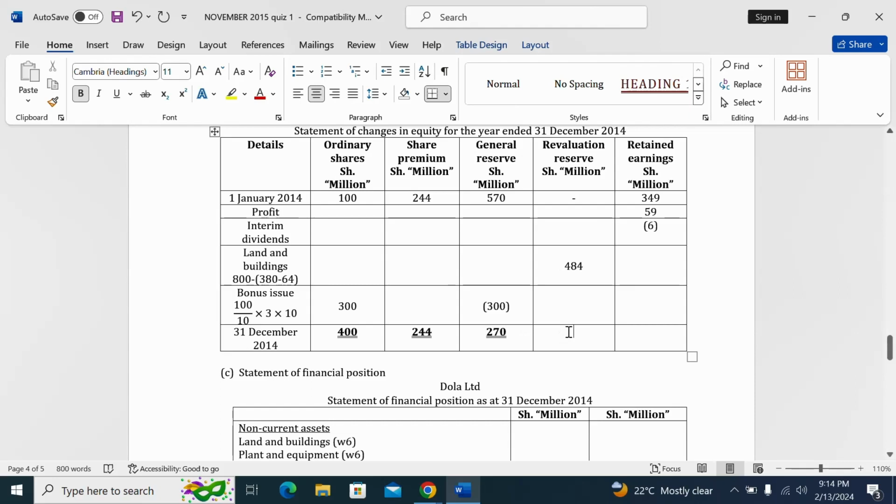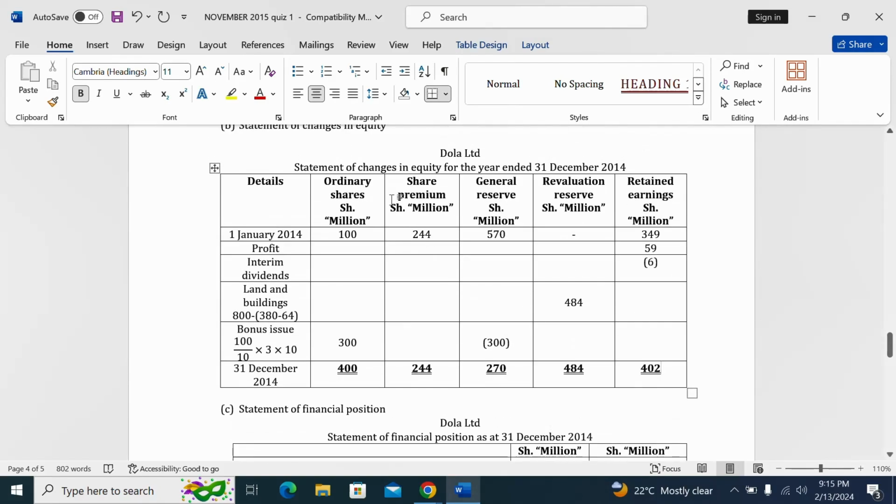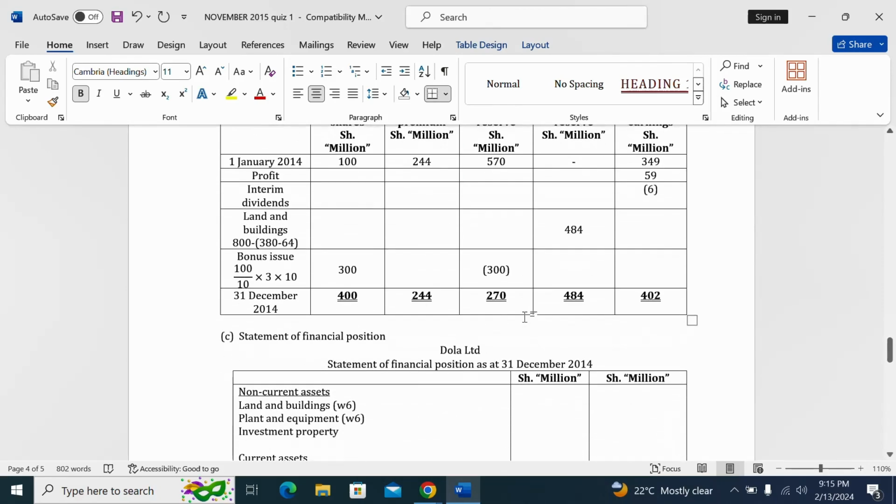This will be 484. And this one, 349 plus 59 minus 6, I'm getting 402. Therefore, we are done with our statement of changes in equity.